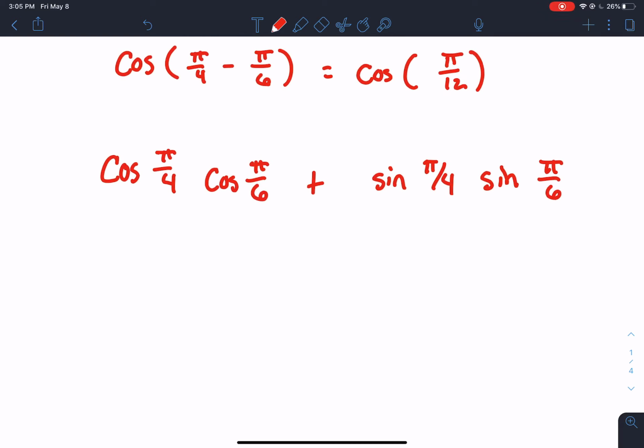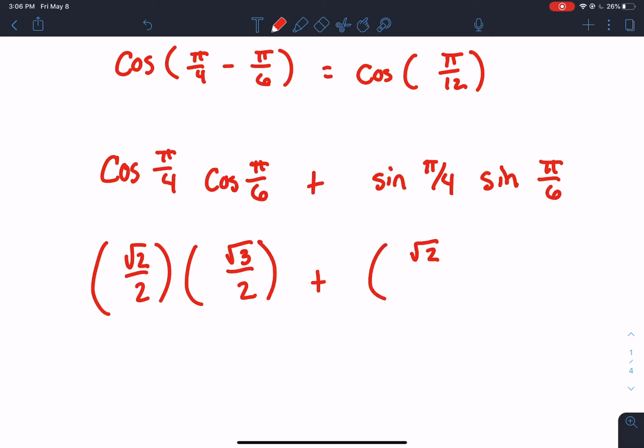You know that cosine of pi over 4 is root 2 over 2, cosine of pi over 6 is root 3 over 2, and then we have sine of pi over 4, which is root 2 over 2, and sine of pi over 6, which is 1/2. Then all you do from there is simplify.